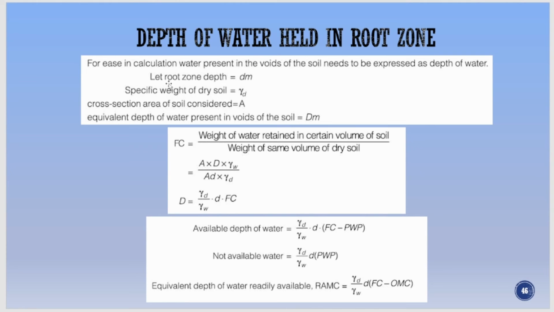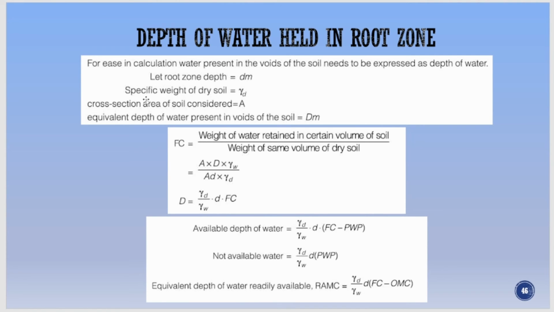You can imagine that's the depth of the root zone of a crop. For example, if you take groundnut, or any crop, there is a depth of root zone for every crop. Based on that crop, the depth of root zone is determined.